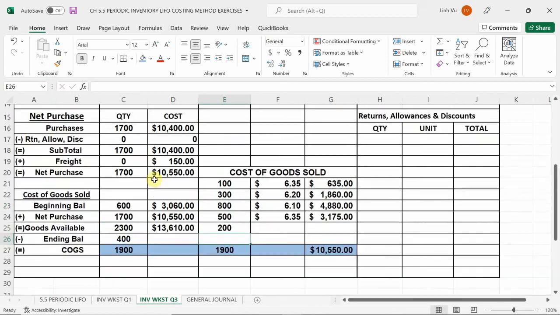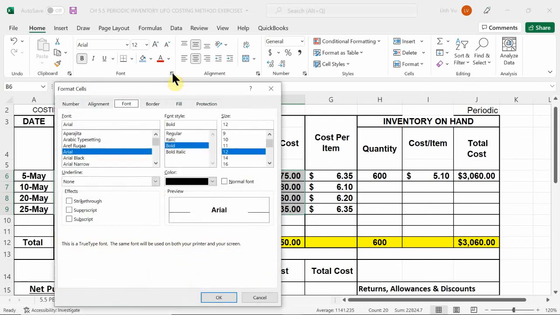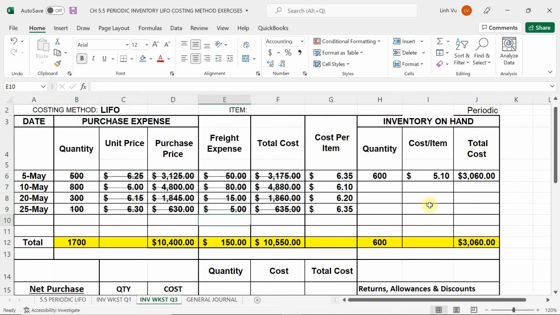Now I got rid of everything in my purchases, so I have to dip into my beginning inventory, because that's the only batch I have left. I'm not going to get rid of all 600. I'm only getting rid of 200 of it.